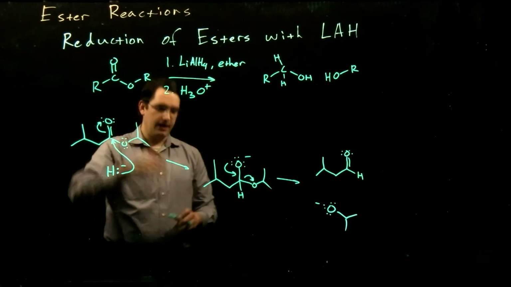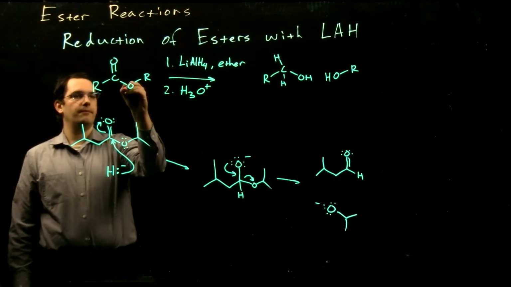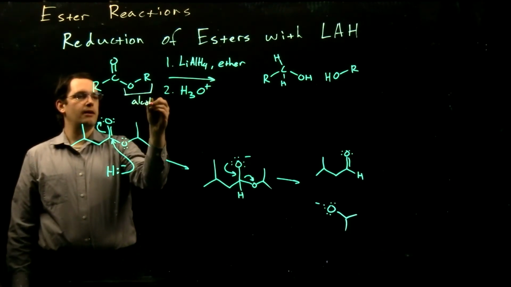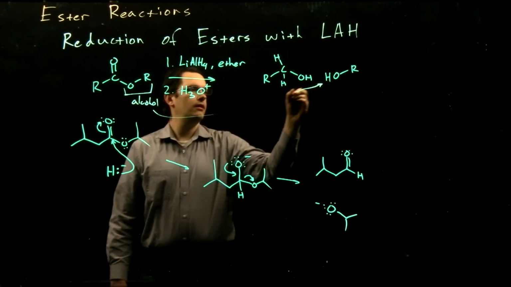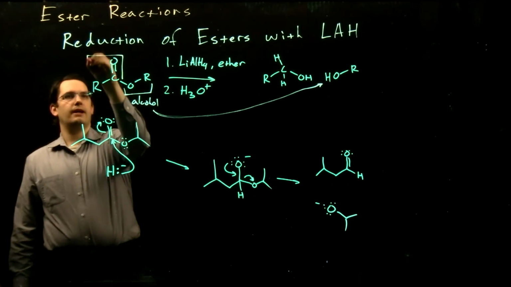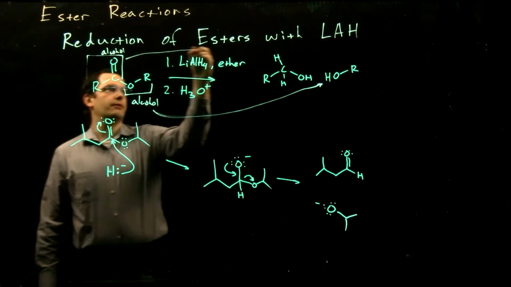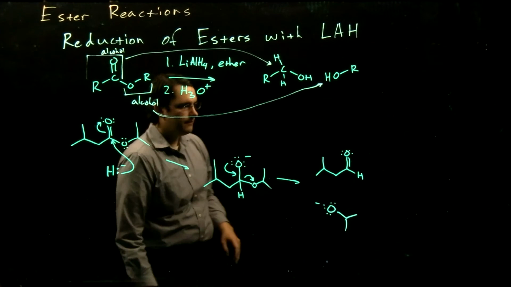Right? So each of these oxygens here are leading to alcohols. So we have alcohol over here that's produced as this breaks off. And of course we're going to create our second alcohol up here as we are reducing this. So that creates our two different alcohol products.